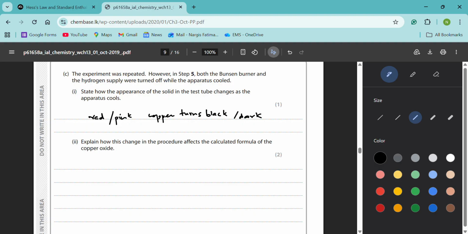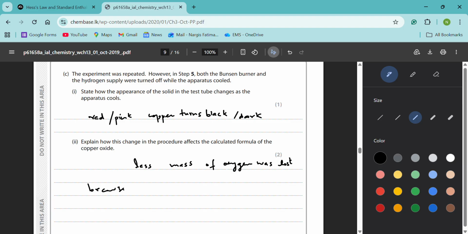Okay, so because of this, less mass of oxygen was lost. Why?